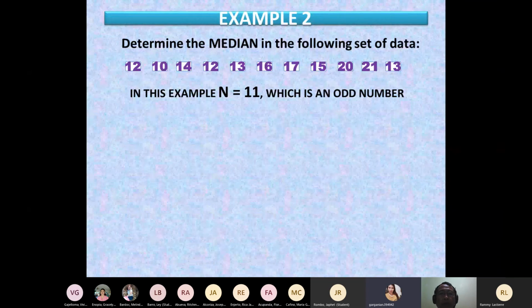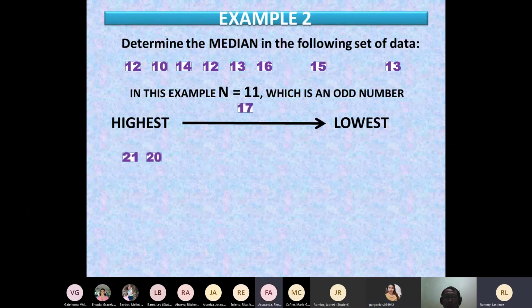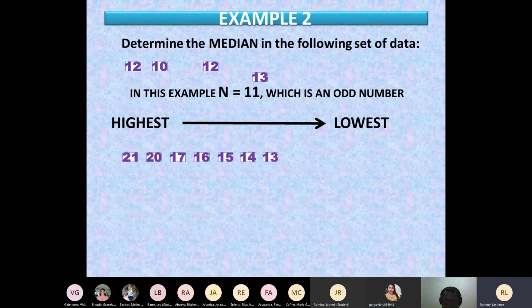So, 14. Let us check. From highest to lowest, the highest is 21, followed by 20, 17, 16, 16, 15, 14, 13, 13, 12, dalawang 12, and then 10.